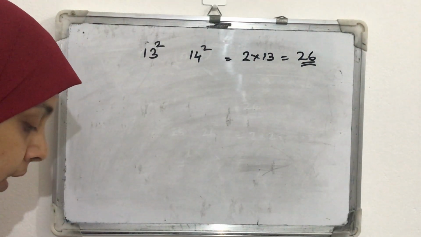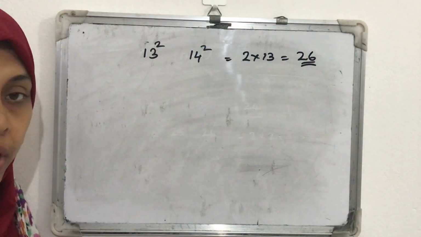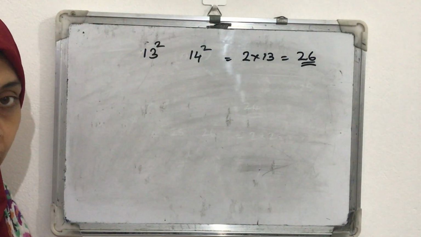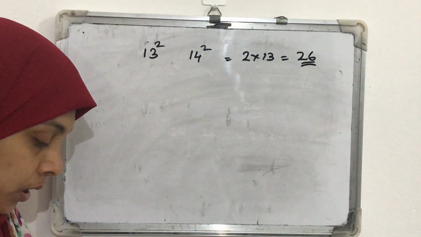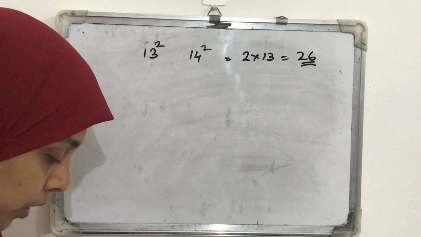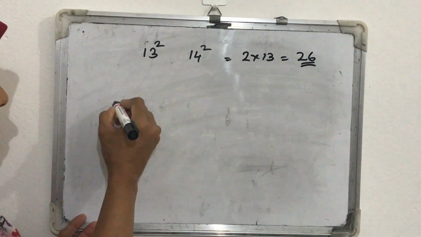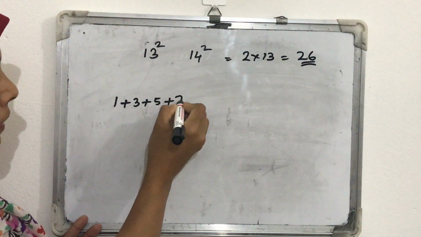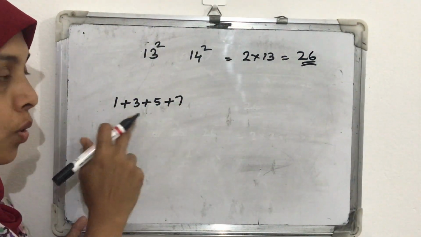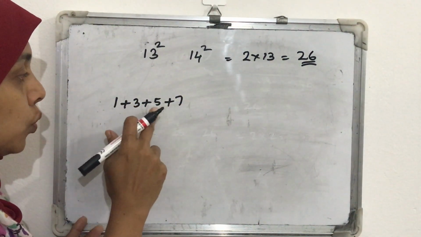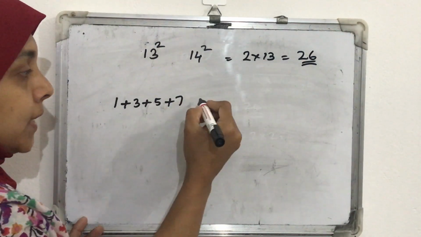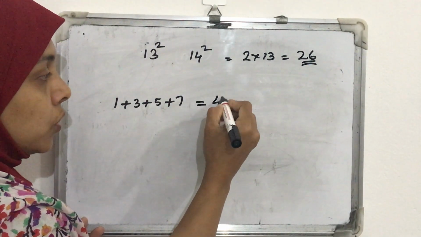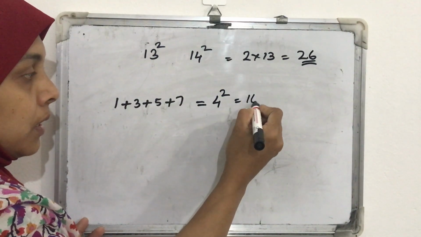Next question, express 81 as the sum of 9 odd numbers. That's also another property. Okay, if you add odd numbers, if it is 5 odd numbers, we add 1 plus 3 plus 5 plus 7, otherwise 4. Here how many odd numbers we add? 1, 2, 3, 4. So its answer will be 4 square. That's 16.